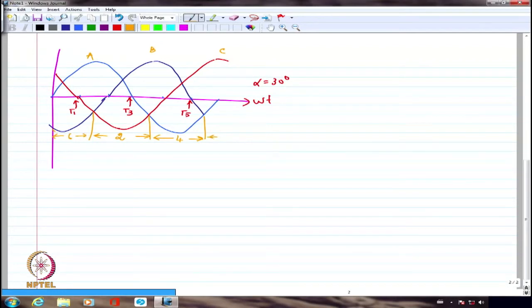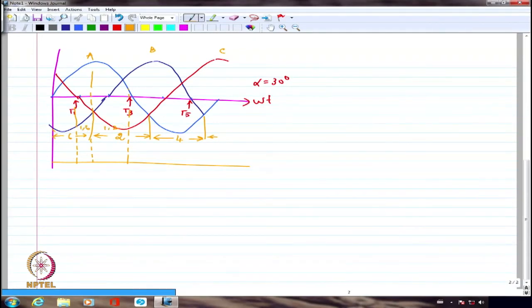So I can right away say which device is joining hands with which other one. From here to here I am having 1 and 6, and from here to here I am having 1 and 2. So this is 1 and 6, and this is 1 and 2.